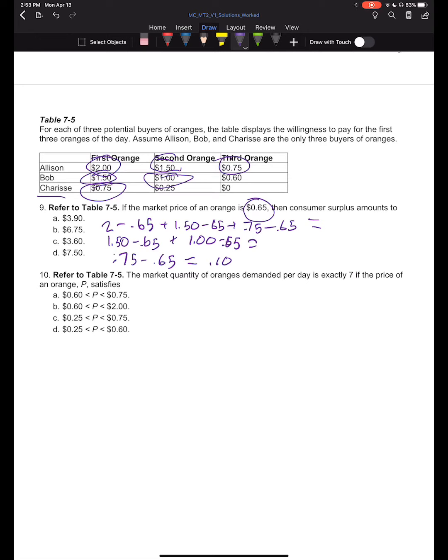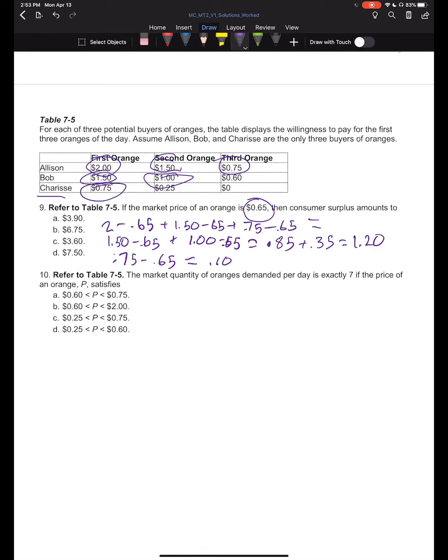To Bob, we have 85 cents for the first one. For the second one, we have 35 cents. So that gives us $1.20.